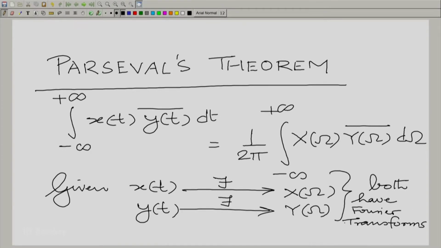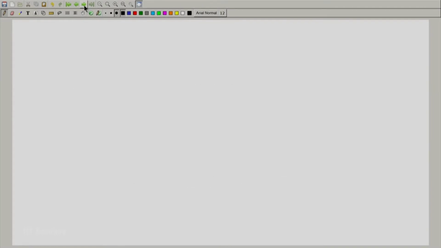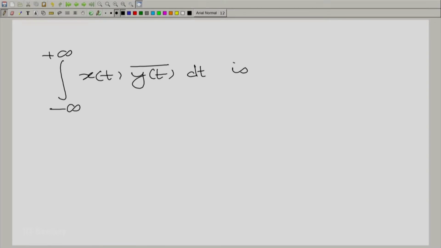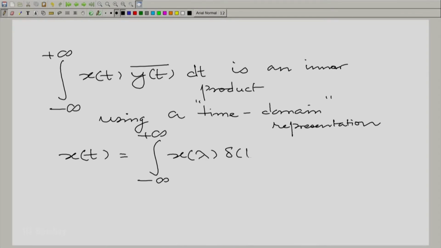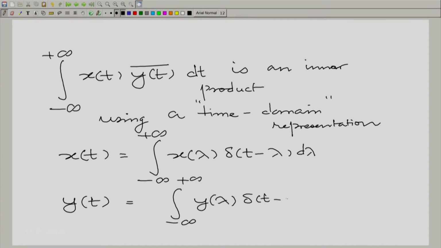Now, we had interpreted this as a consequence of inner product. So, we noted that integral minus to plus infinity x(t) y bar(t) dt is an inner product using a time domain representation. x(t) is a combination of unit impulses, and so is y(t).